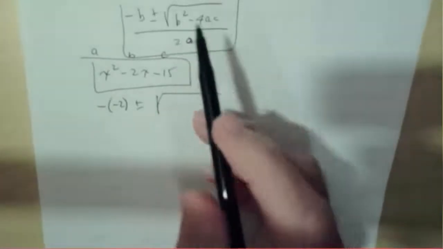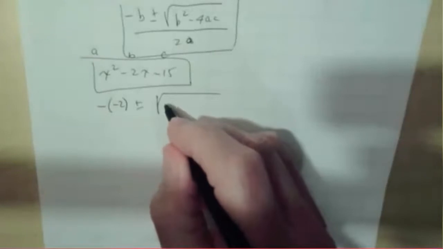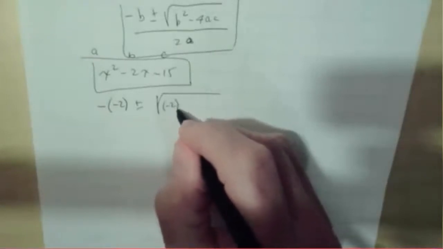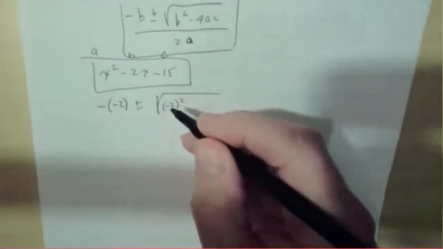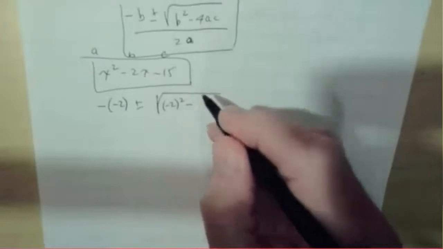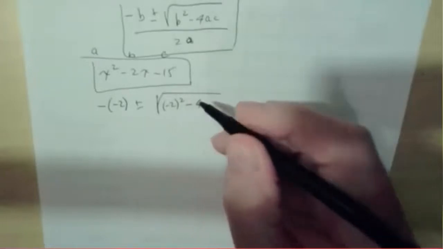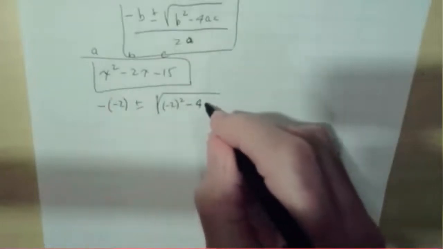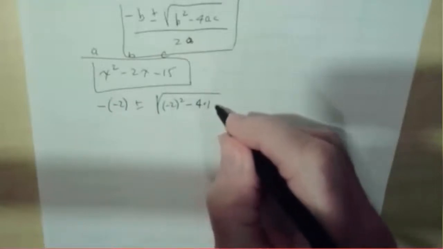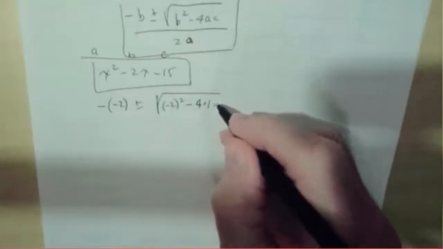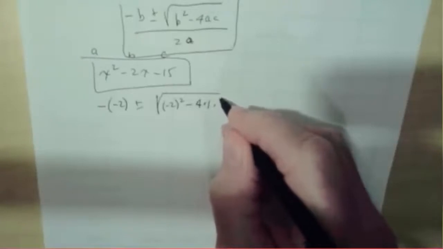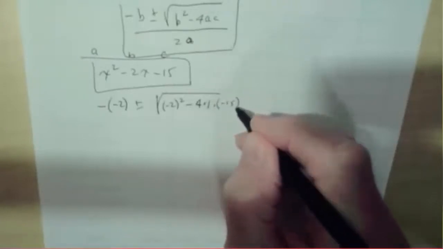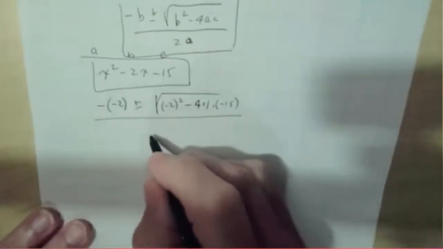B is negative 2 all squared minus 4 times a is 1, times c, which is negative 15, all over 2 times a.